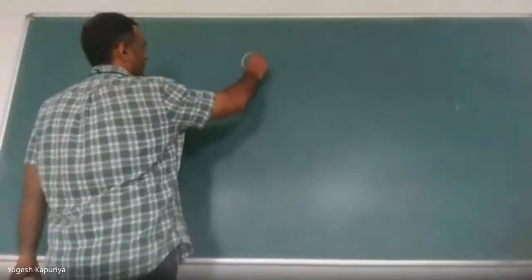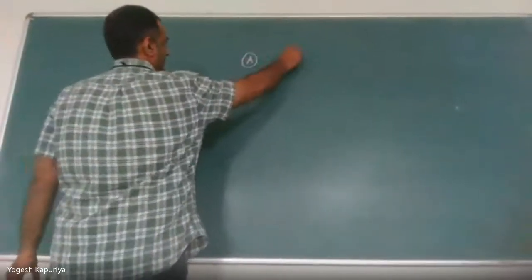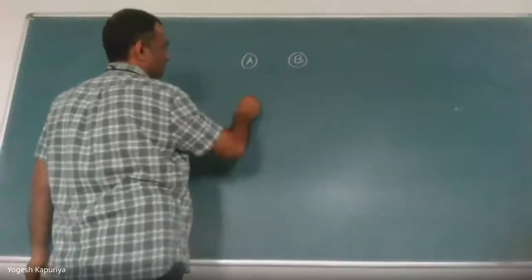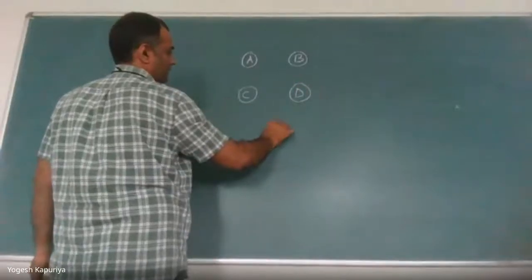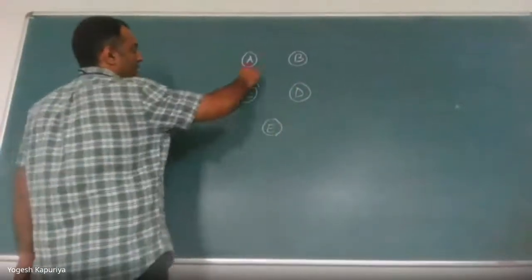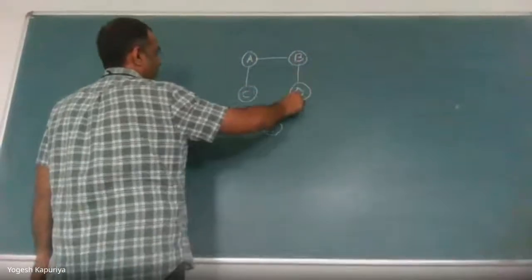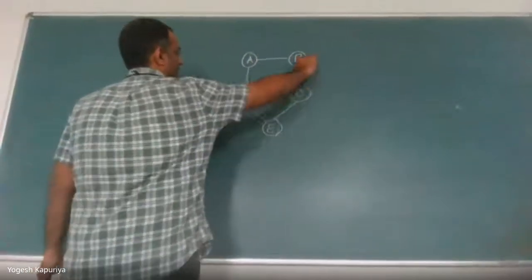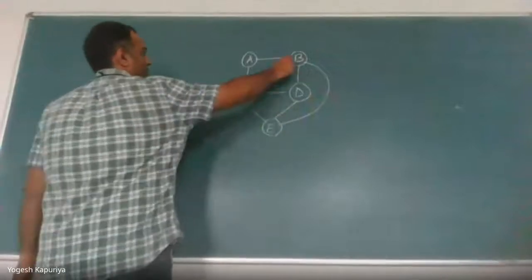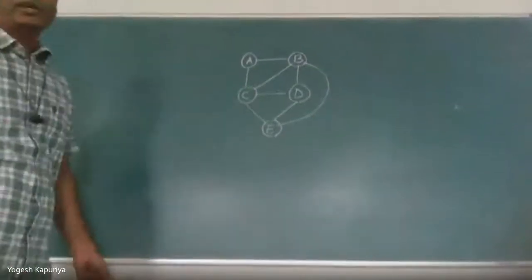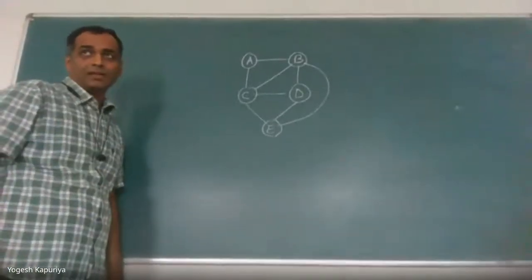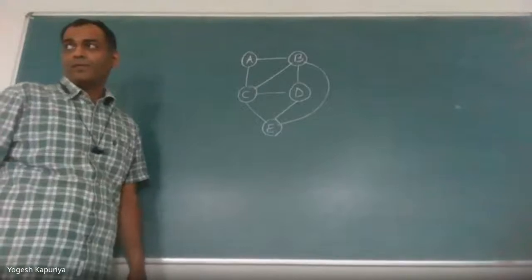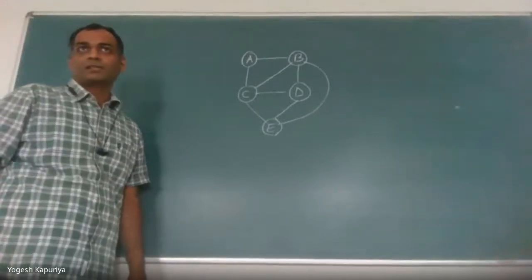So let's say we have this graph. Obviously, it's a connected graph. So we have this graph over here. How many vertices are there?